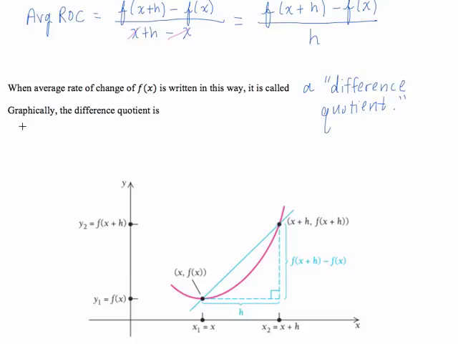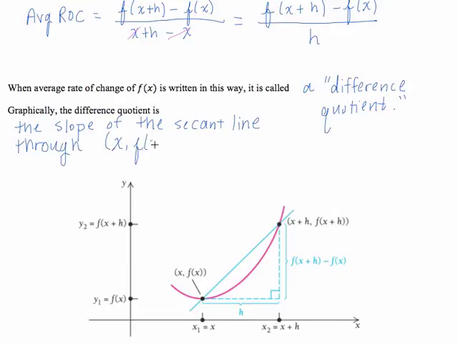So graphically, the difference quotient is equal to the slope of the secant line that goes through x comma f of x and x plus h comma f of x plus h.